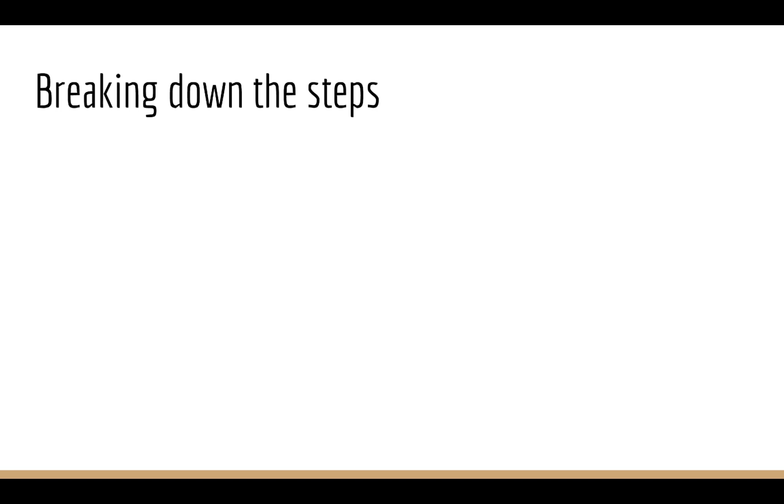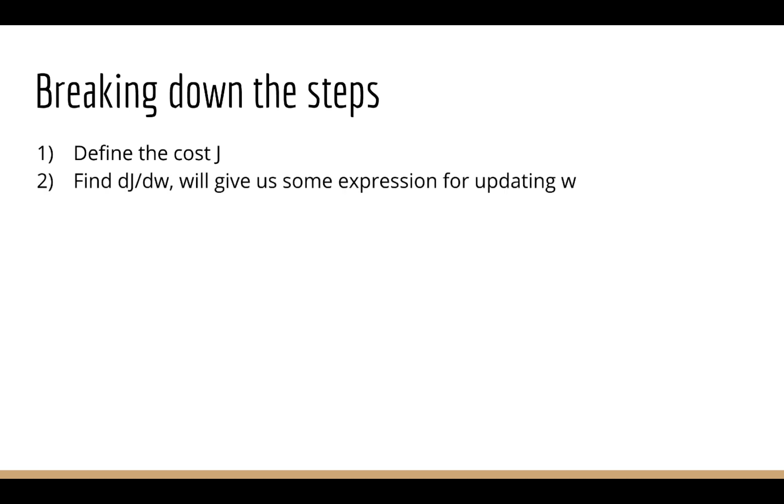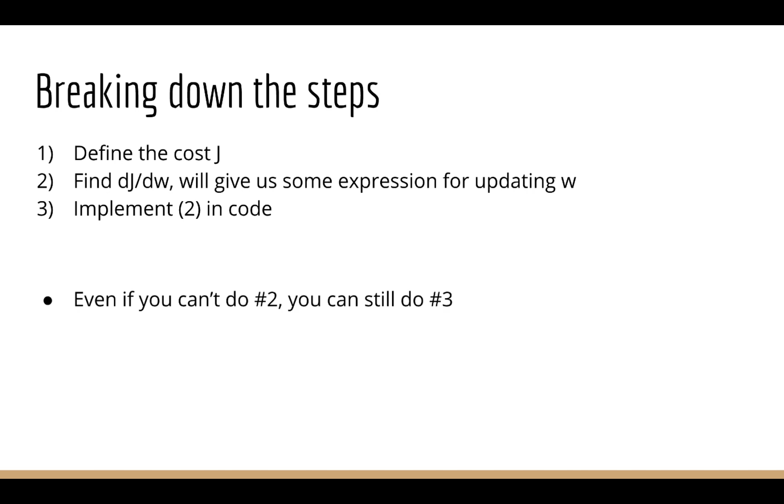So it's important to remember what the steps are here. Number 1, we define the cost. Number 2, we take the gradient of the cost with respect to the weights, and we come up with some expression. Number 3, we take the result of number 2 and implement it in code, meaning that we do gradient descent in a loop. Now, the idea in this lecture is that even if you can't do number 2, you can still do number 3.